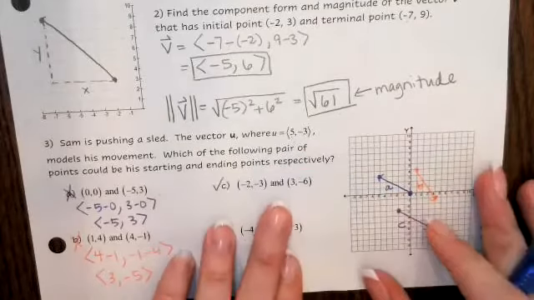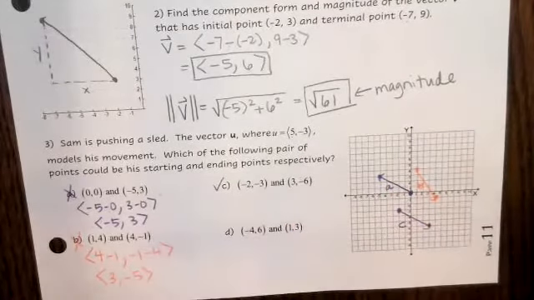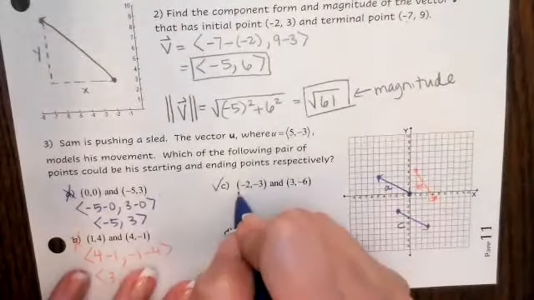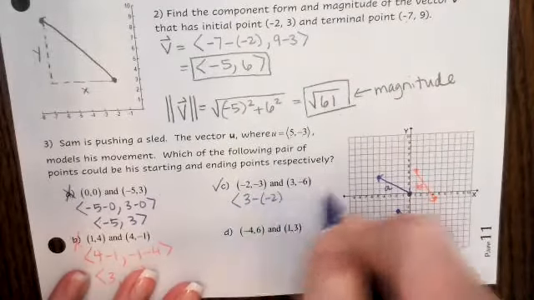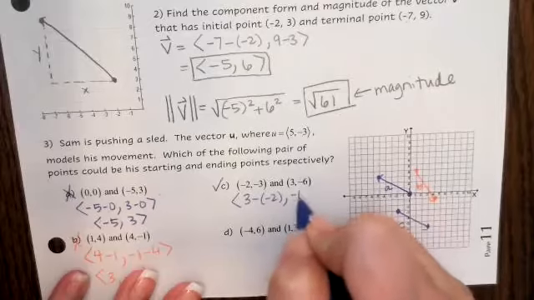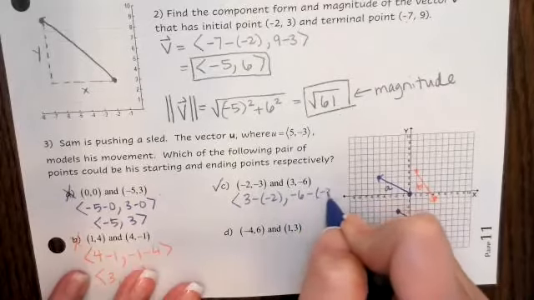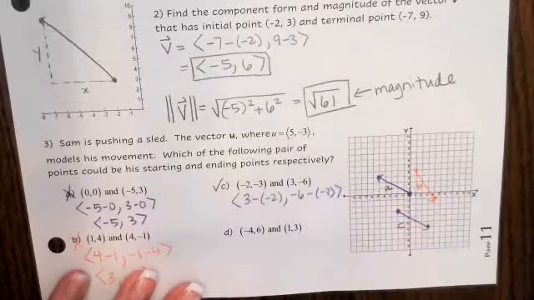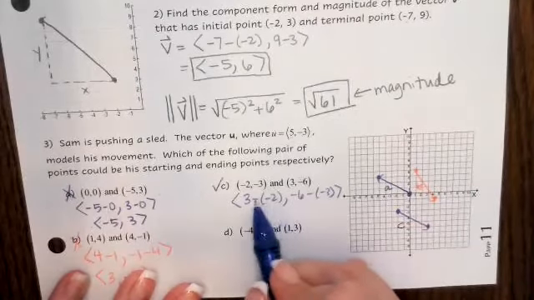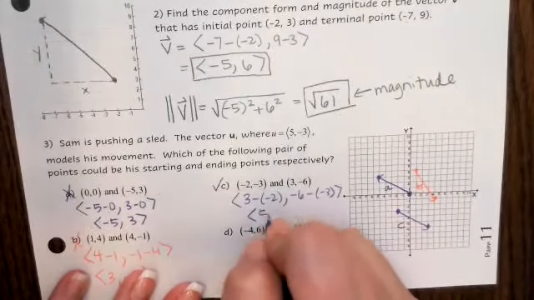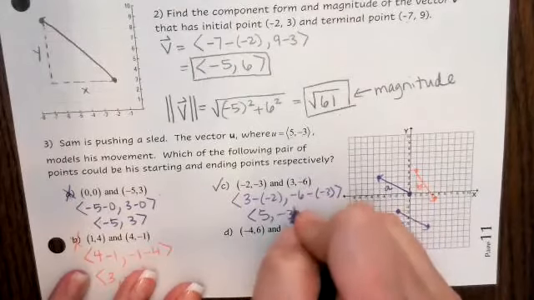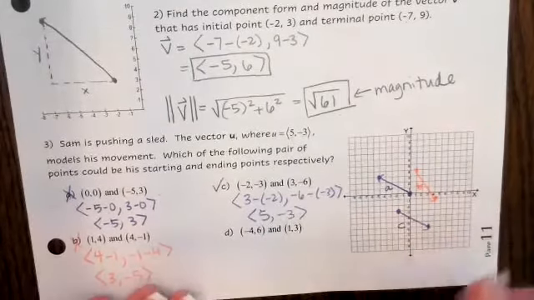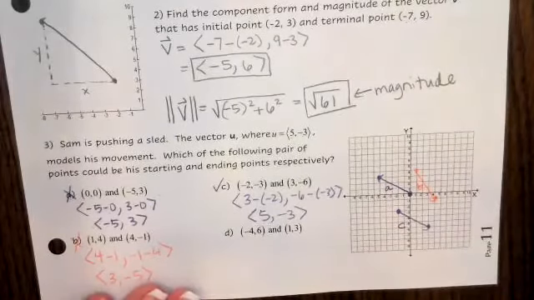So geometrically, I've already seen that's correct. I'm going to go ahead and show you algebraically so you can see that as well. We take our 3 minus -2, comma, -6 minus -3. The minus and negative cancel out, so that gives me a 5. And then the minus and negative cancel out here, and that is a -3, which is what we were looking for.